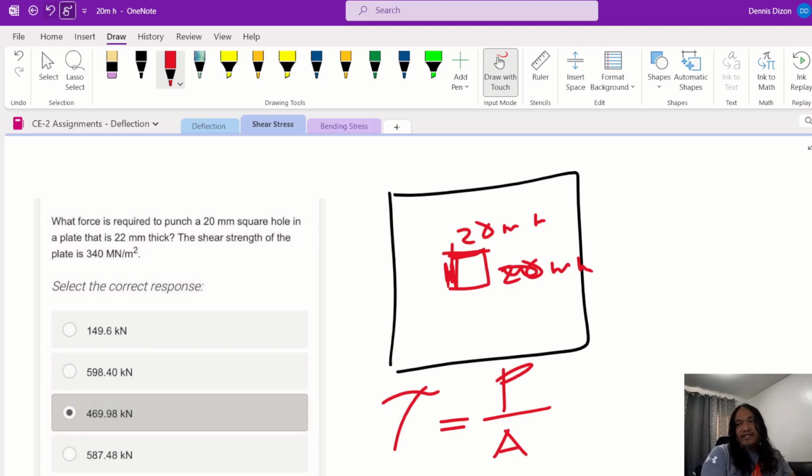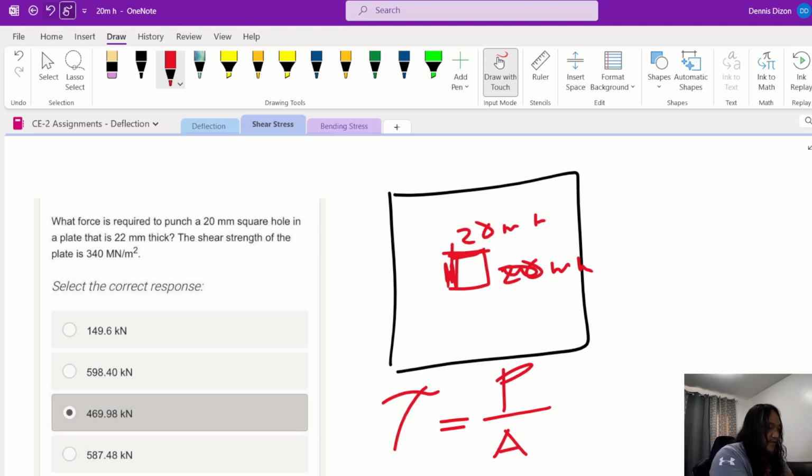So shear stress is equal to the force P over the sheared area. Area, it could be a planar area or a vertical area. It depends. If it's punching, then you consider the vertical area. Now the question is P.